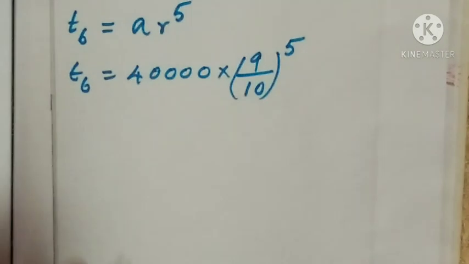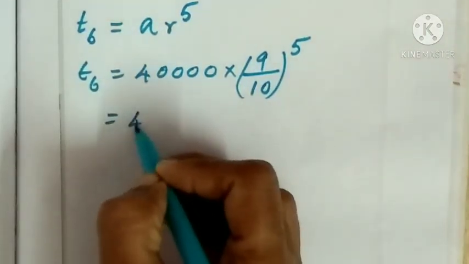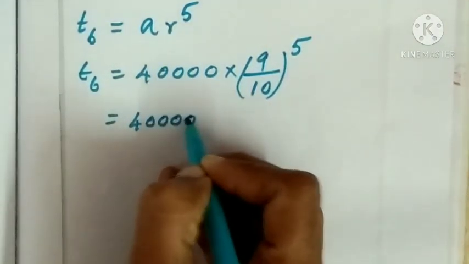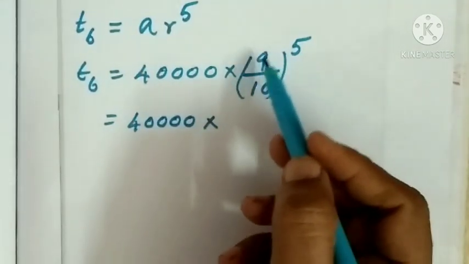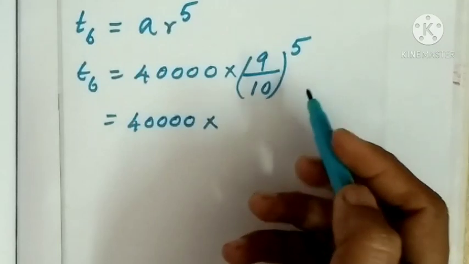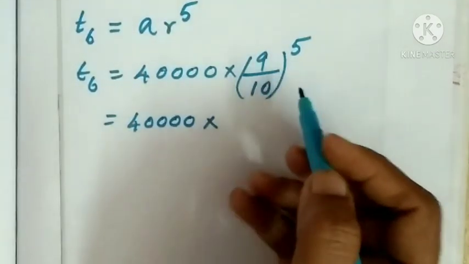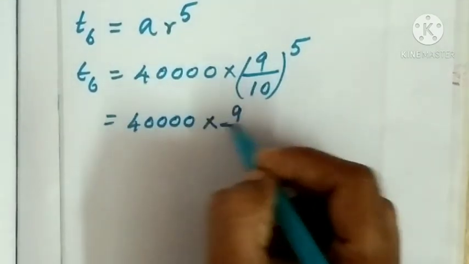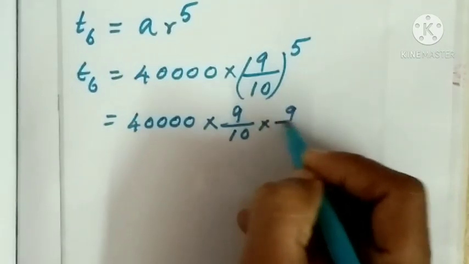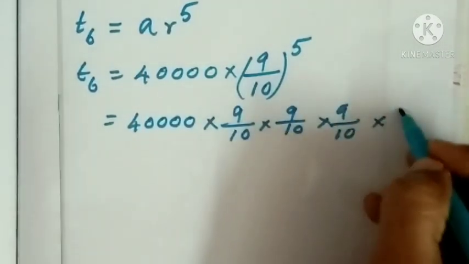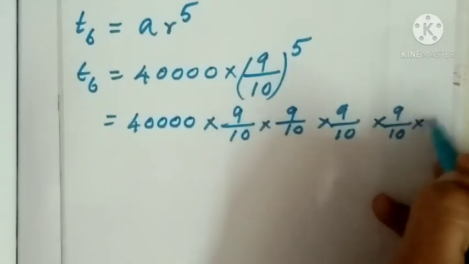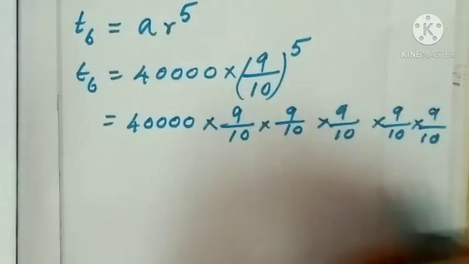It can be written as 40,000 into, expanding this 5 times, that is 9 by 10 into 9 by 10 into 9 by 10 into 9 by 10 into 9 by 10.